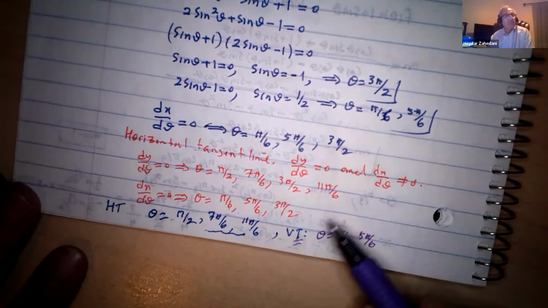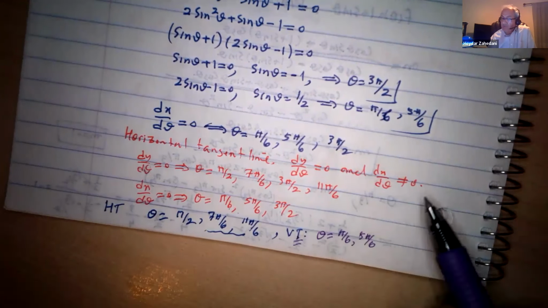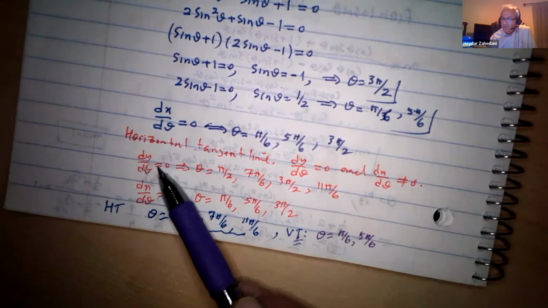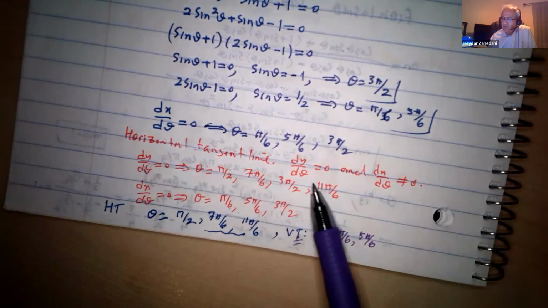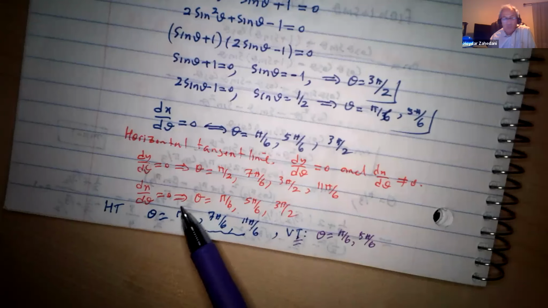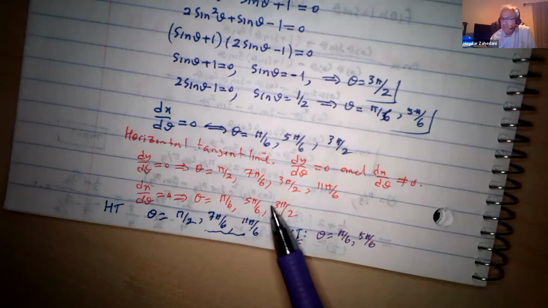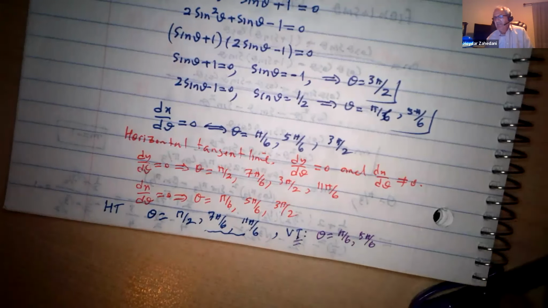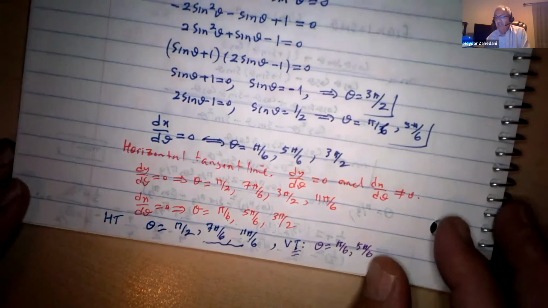If both of them are 0 at the same time, you're not going to pick that point. So for horizontal, I focus on dy/dθ being 0, and I check these points. If they are here, I drop them. The other way around, you have to check dx/dθ to be 0, but not the other one. That gives you the equation of the tangent line.